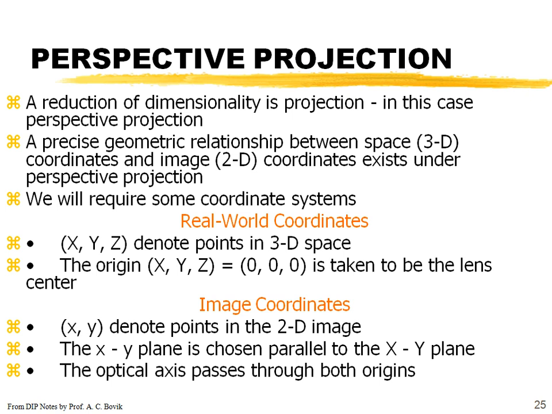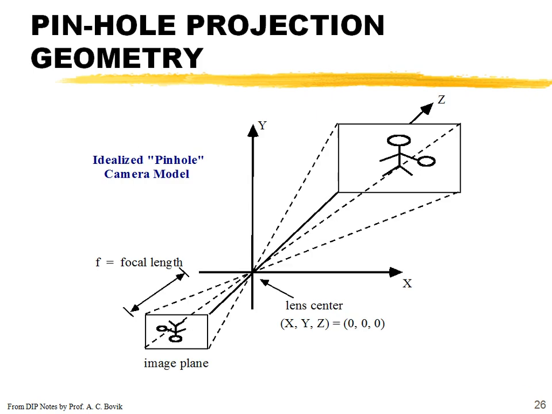So in general, that plane would be perpendicular to the z-axis. We'll also say that the optic axis of both the coordinate systems pass through the lens center. So the origins are all in line.